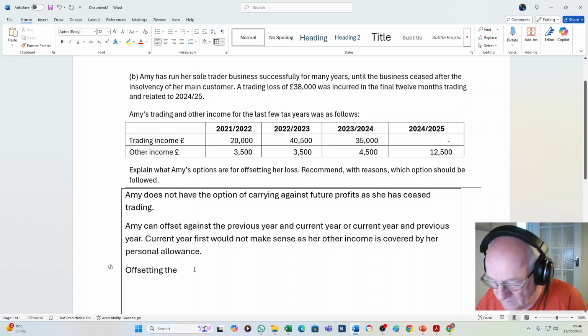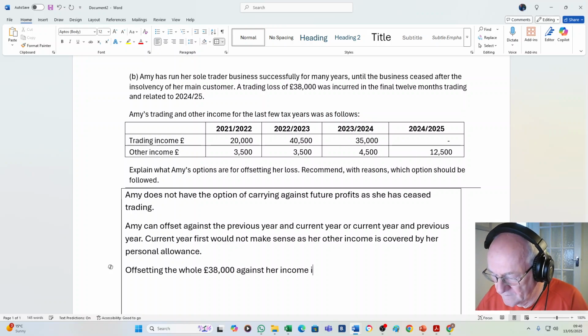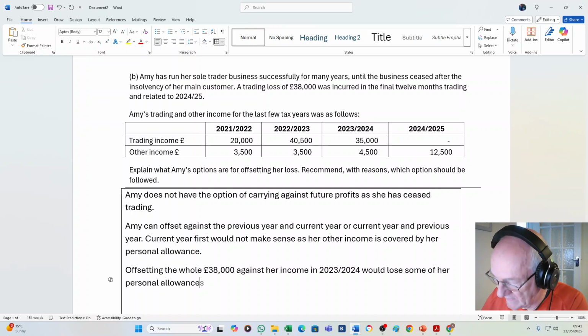Offsetting the whole 8,000 in person allowance.